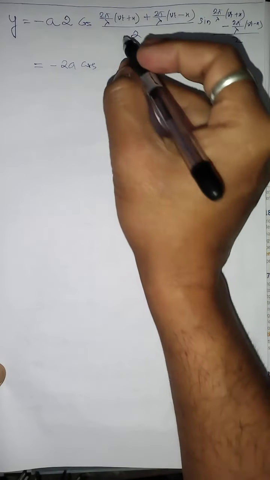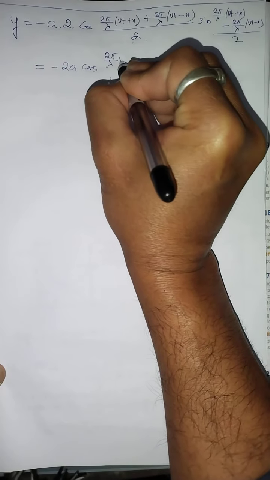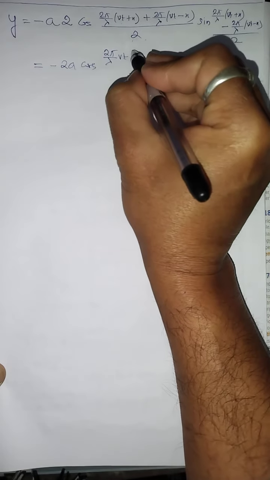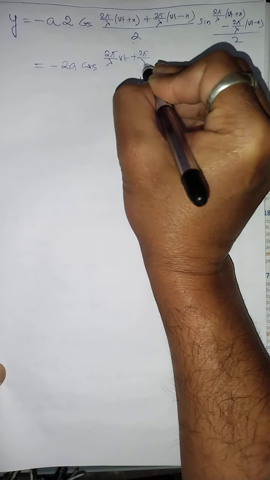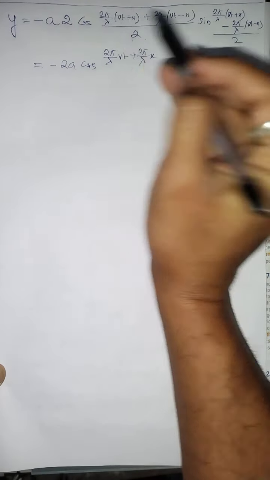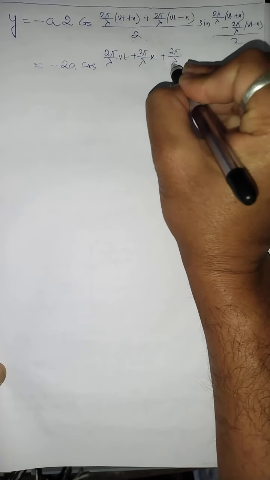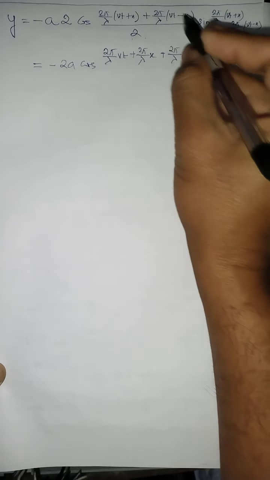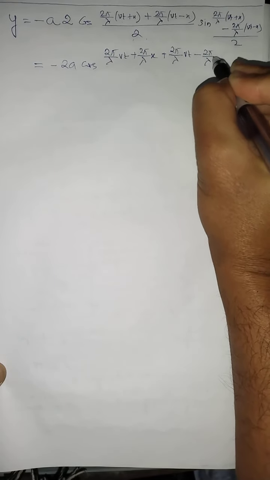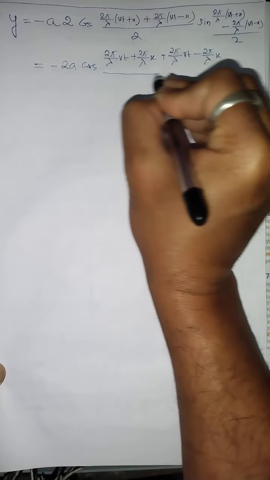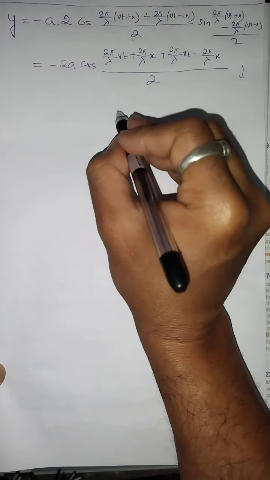Opening the bracket, it will be 2 pi by lambda vt plus 2 pi by lambda x, plus again 2 pi by lambda vt minus 2 pi by lambda x, whole divided by 2. This is cos only. Now we continue with sin also.